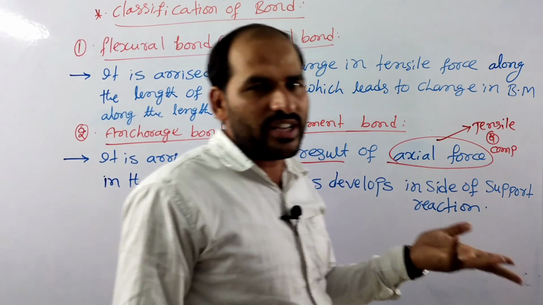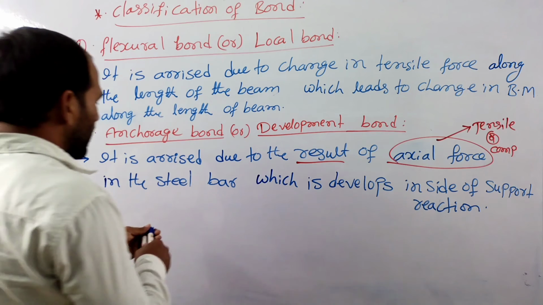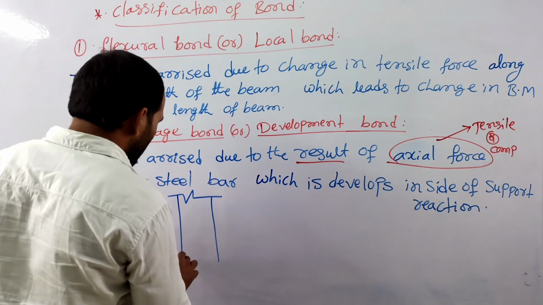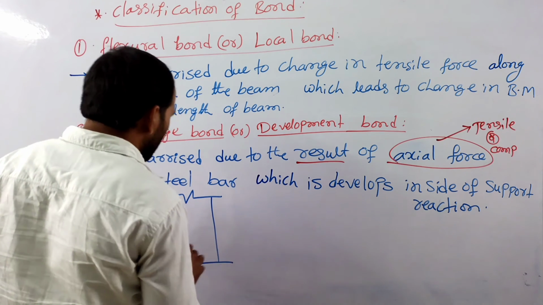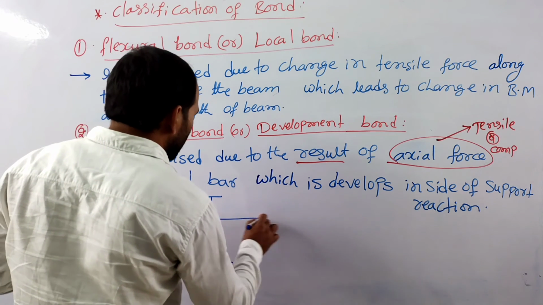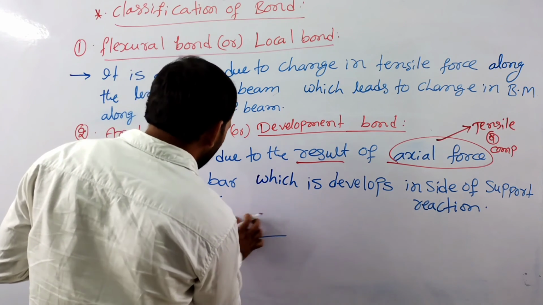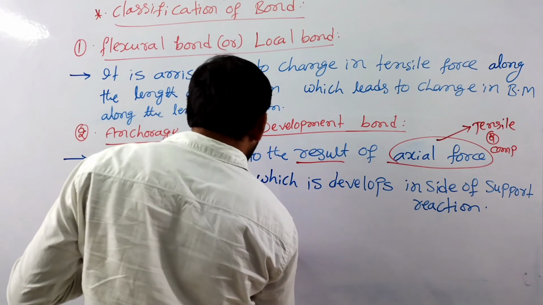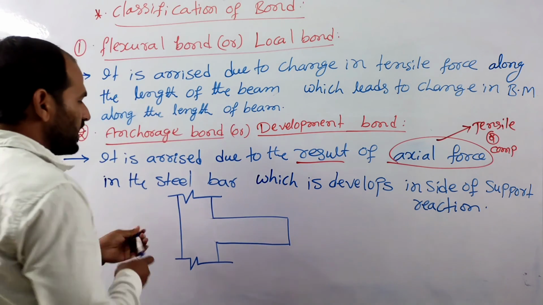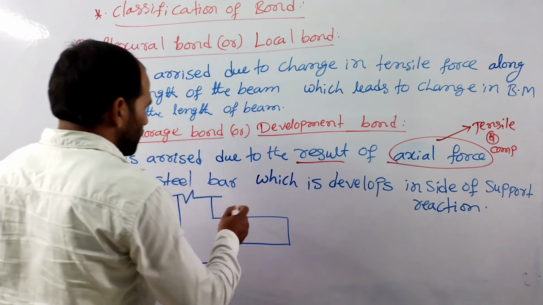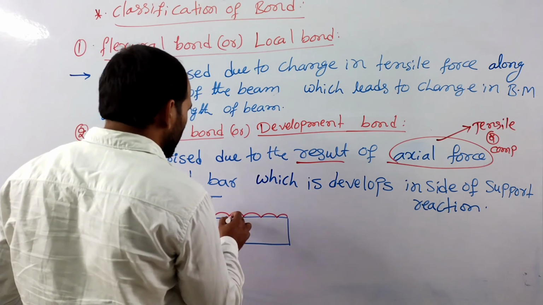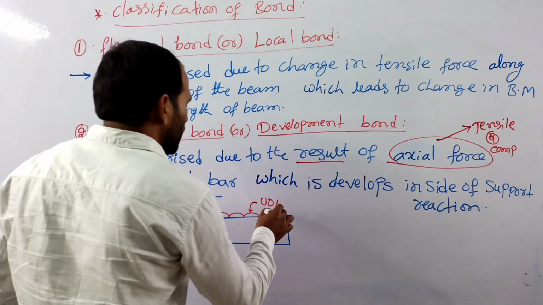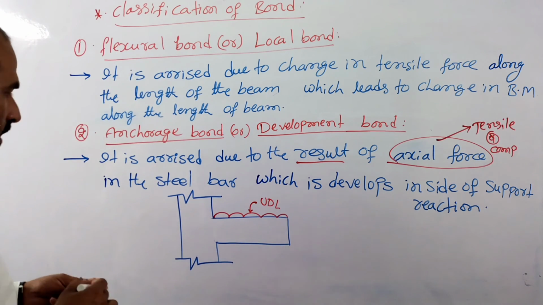How does this anchorage bond develop inside of the support reaction? For example, this is the support. Here we have a beam. This beam is called a cantilever beam. This cantilever portion is provided in the support, and a UDL, uniformly distributed load, is applied along the length of the beam.